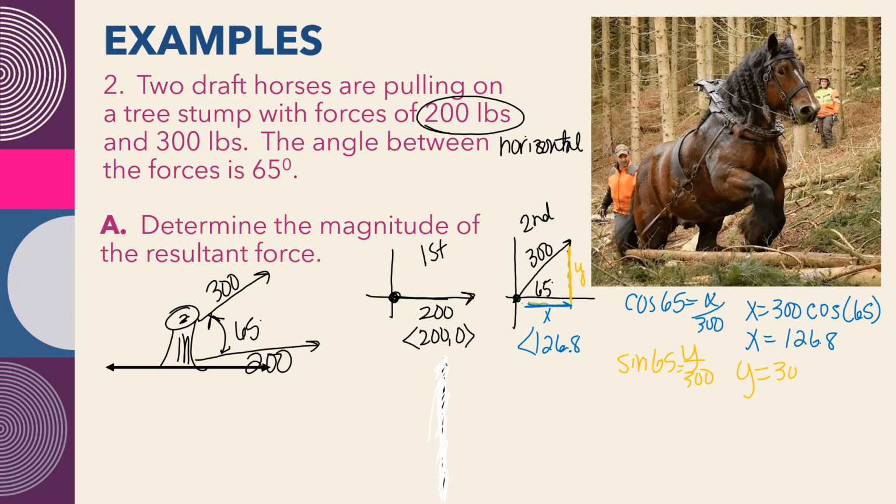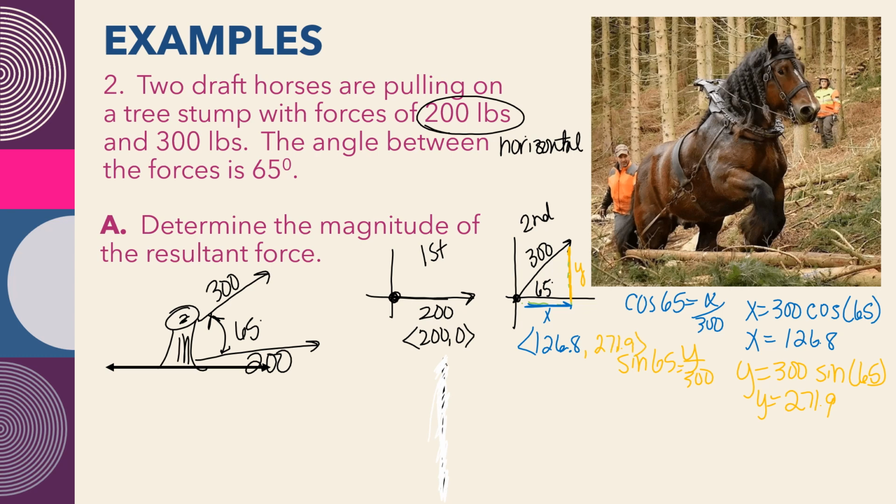Y equals 300 multiplied by cosine. Oops, nope. Sine of 65. Silly mistakes. Be careful of that kind of stuff. We all do it. So then our y component is 271.9. So vertically, it's 271.9. All right, cool.